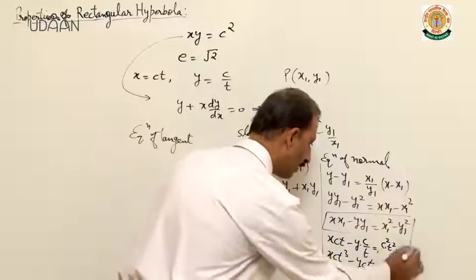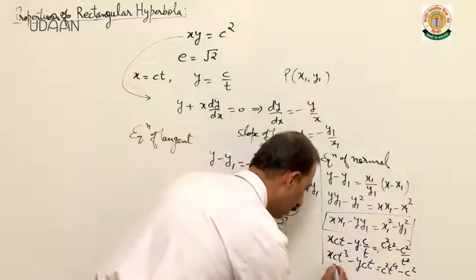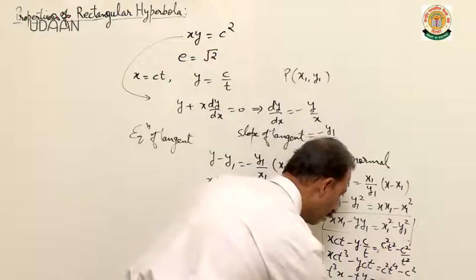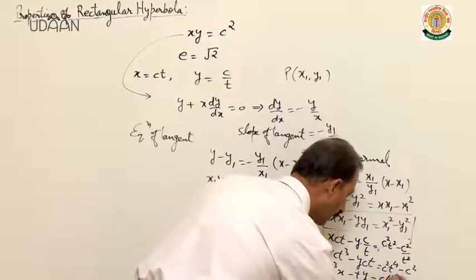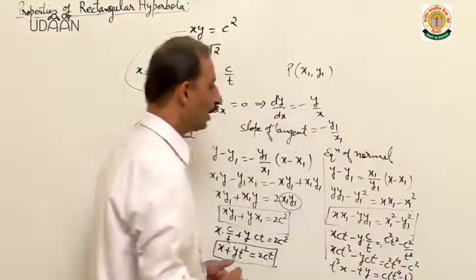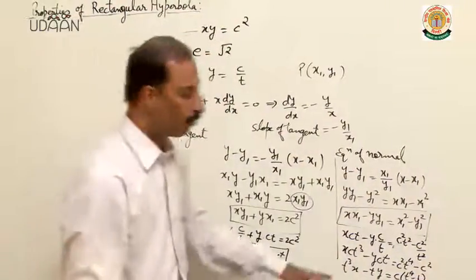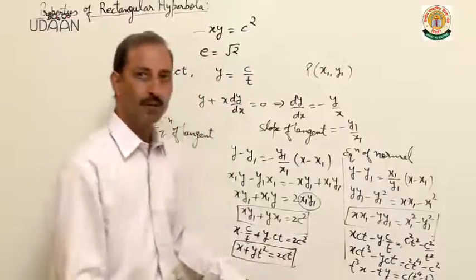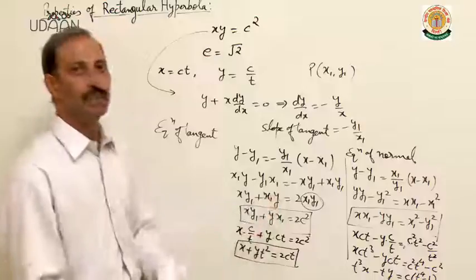Now divide by c also. So t cube x minus t times y is equal to c common, t raised to power 4 minus 1. That is the equation of normal in parametric form. So these two equations also you have to remember. We will use directly these equations in the questions.